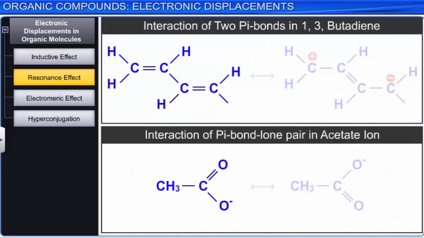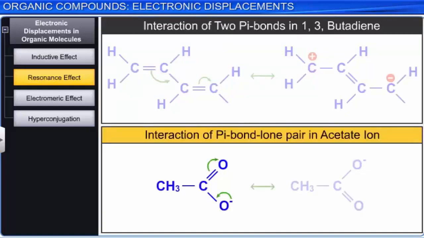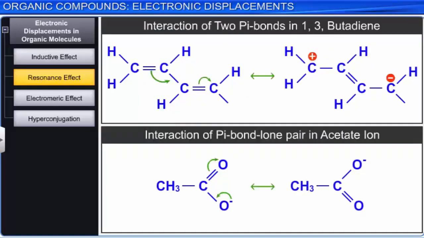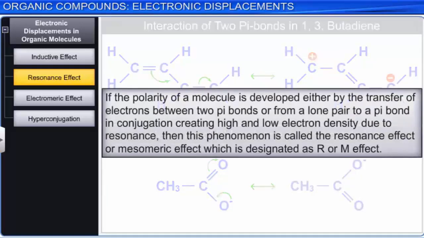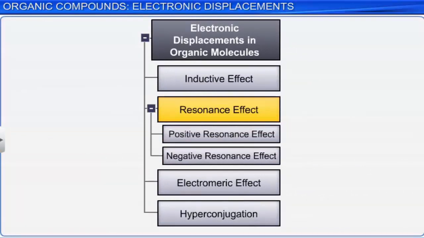If the polarity of a molecule is developed either by the transfer of electrons between two pi bonds or from a lone pair to a pi bond in conjugation, creating high and low electron density due to resonance, then this phenomenon is called the resonance effect or mesomeric effect, which is designated as R or M effect. Resonance effect is of two types.